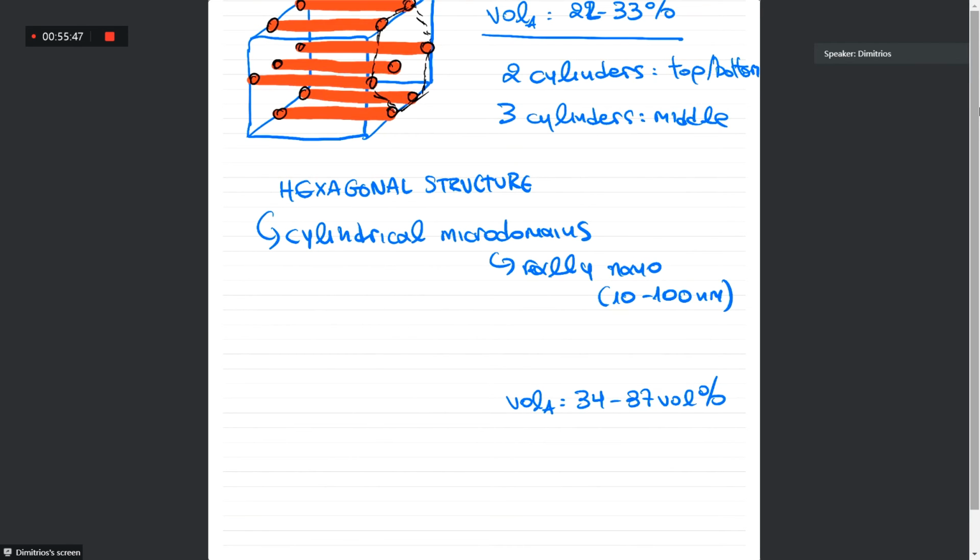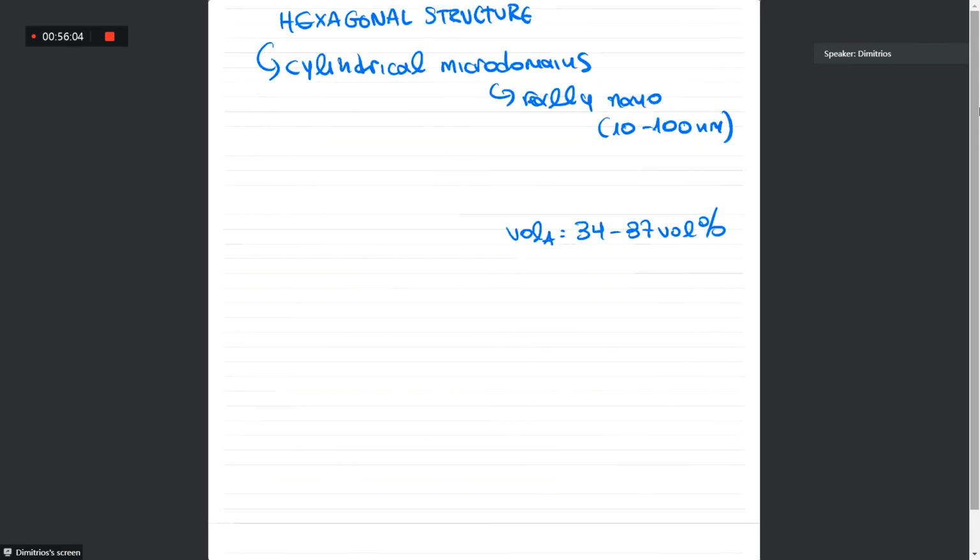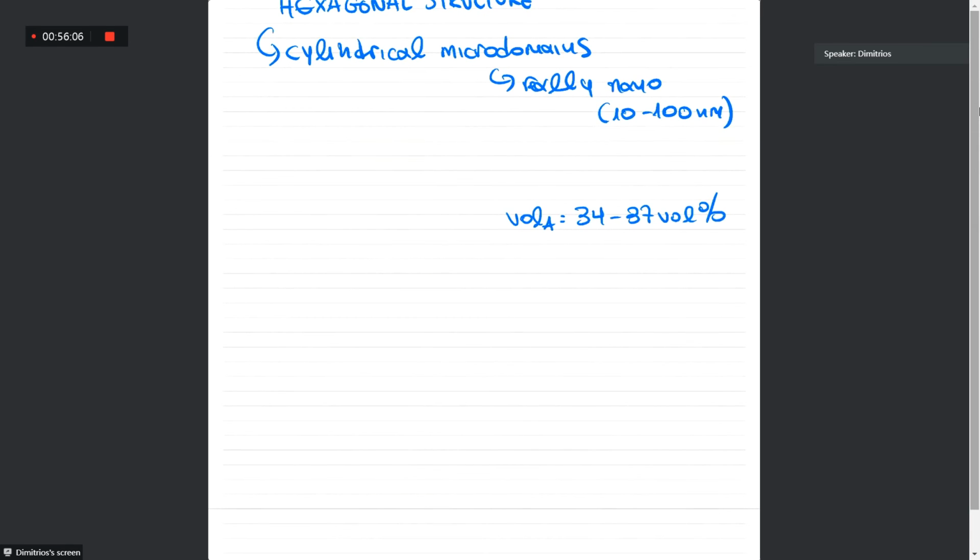In this case, we get the most complex structure, the most complex to draw as well. It's called a gyroidal structure. It's a very intriguing structure, which is bicontiguous. I'll explain a bit more. Let me try and draw it because, as I told you, it is a bit complex.